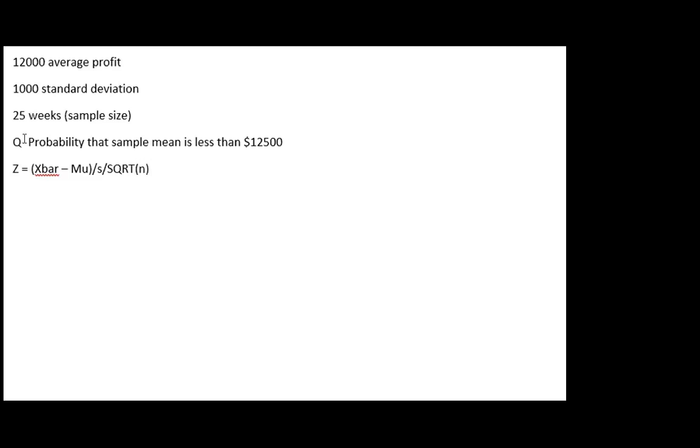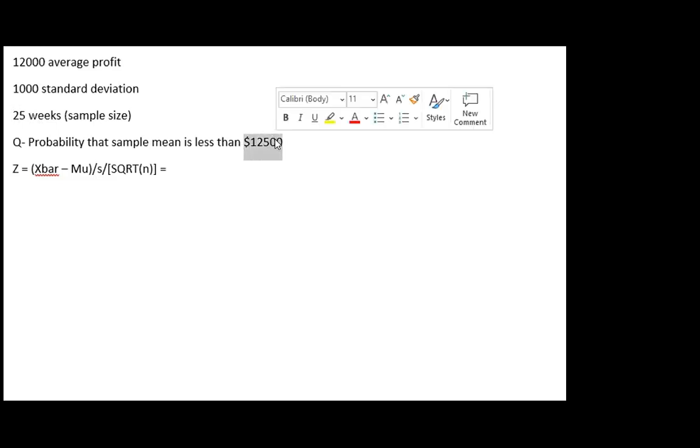That was our formula. If you remember, we just saw it. Okay, so let's replace the numbers. In this case, which one is X bar? This is our X bar, with the sample size of 25 weeks. We want to see the probability that the earning is 12,500.